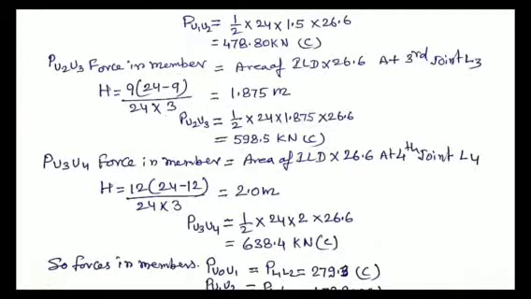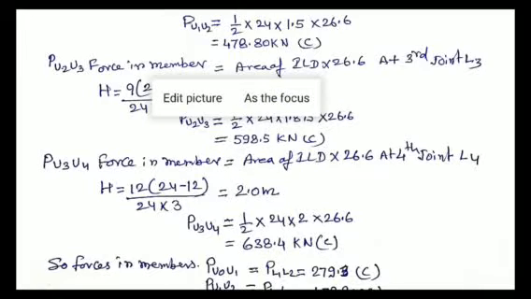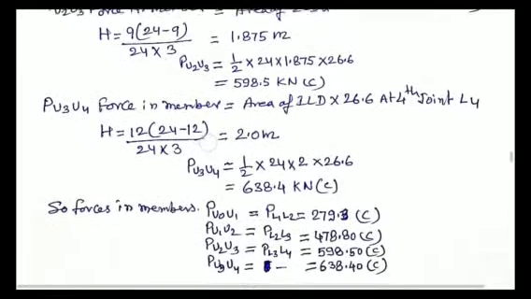It comes out to be 1.875 meter. So the total load in member U2 U3 comes out to be 598.5 kilonewton, which is compressive in nature.